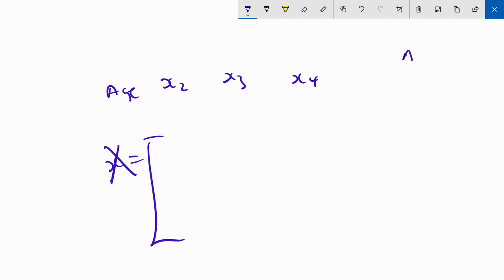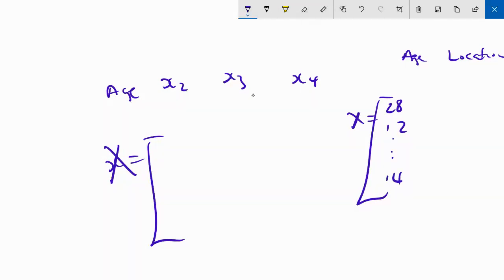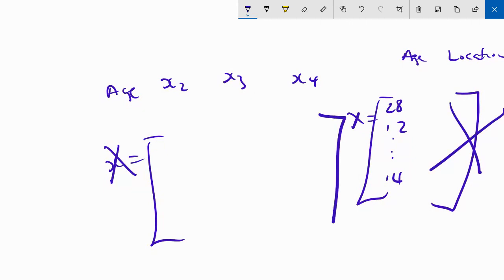If you used only age and location, you would say X equals this, which is fine for age. But how will you represent your location? This is not possible. You have to move to a case where you define them. So you have 28, 12. I'm just giving an example here.